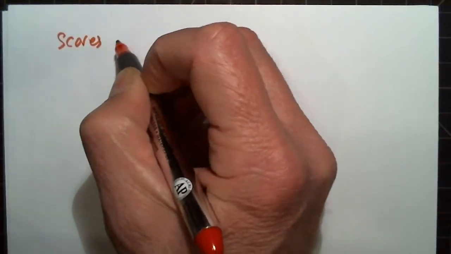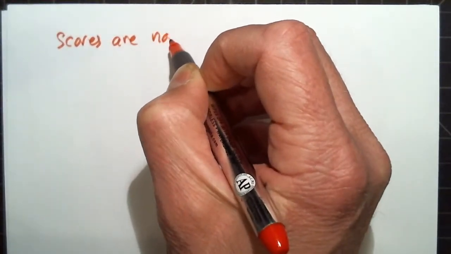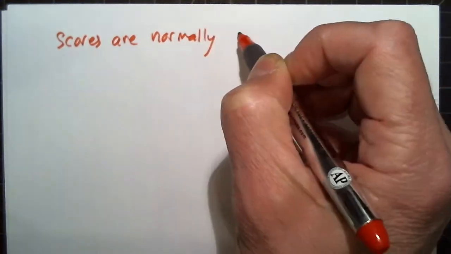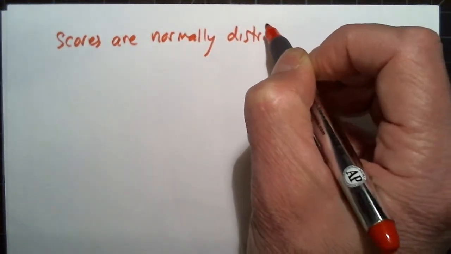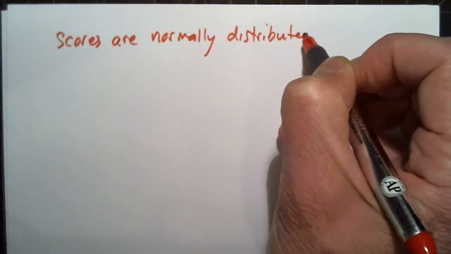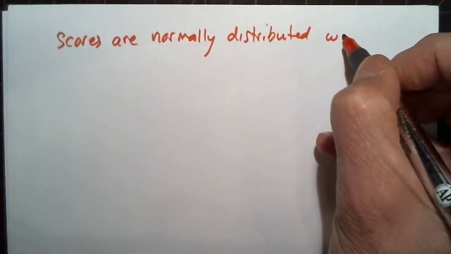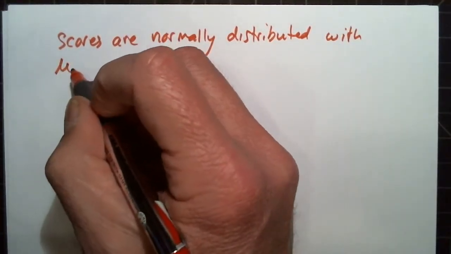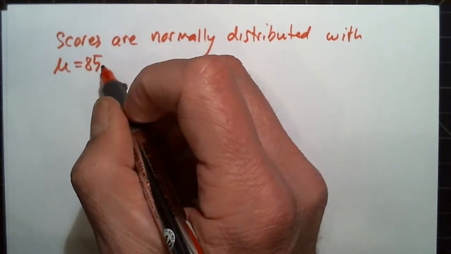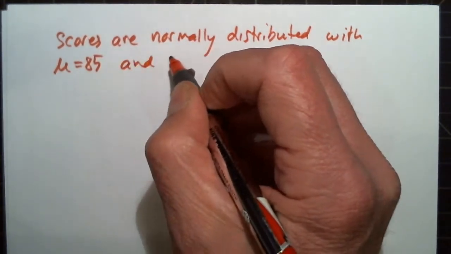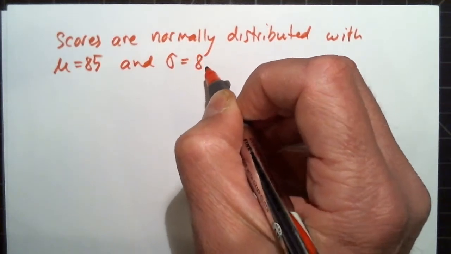Test scores are normally distributed with a mean of 85 and a standard deviation of 8.